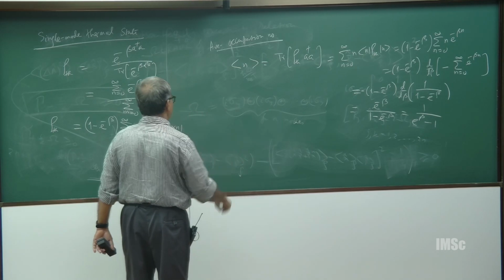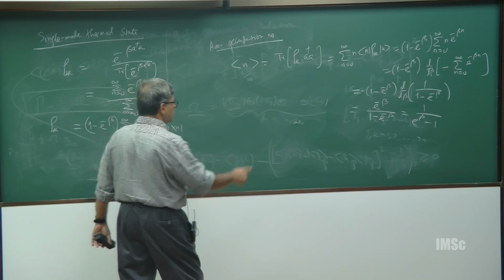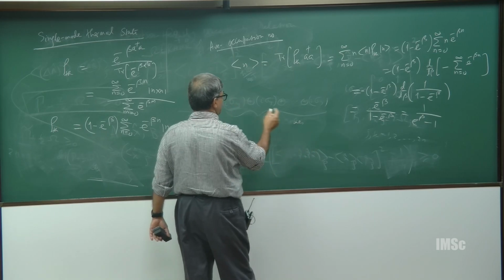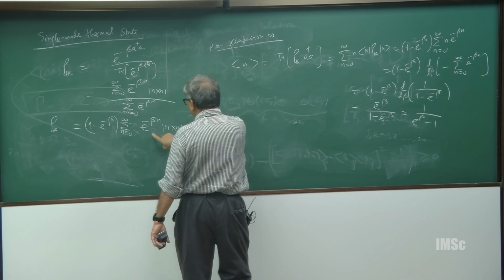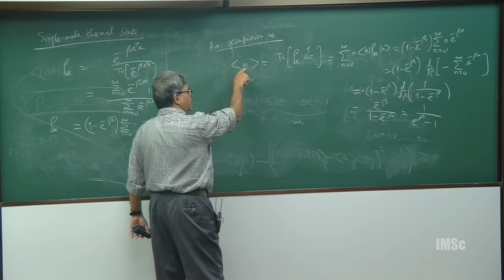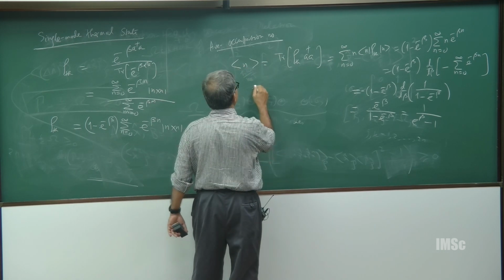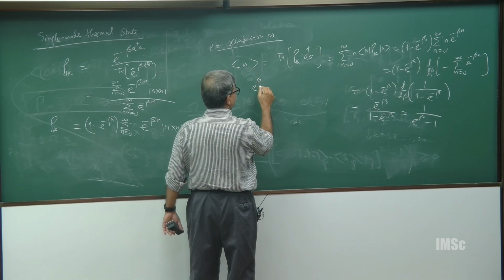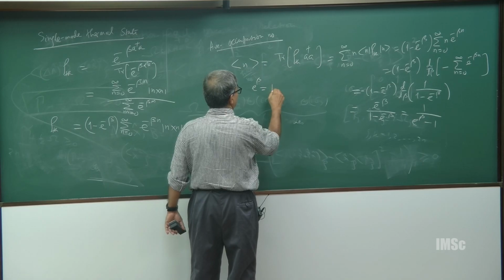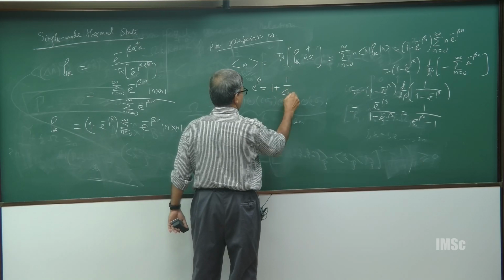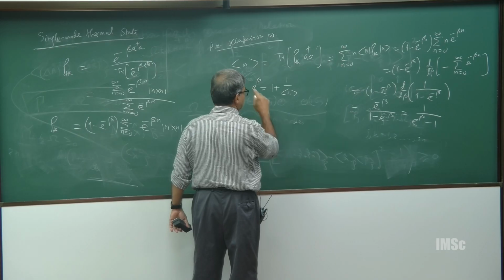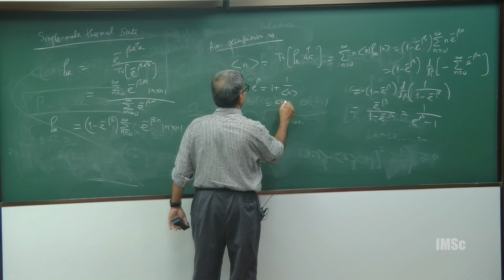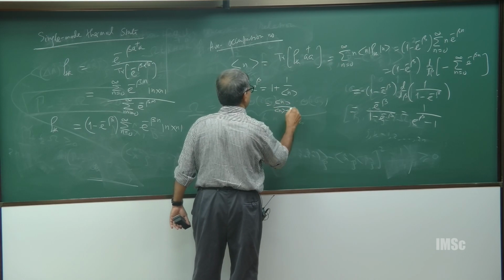Okay. So, this is n bar, n hat. So, therefore, I want to express in terms of this n average. So, basically e to the power beta should be equal to 1 plus 1 by average, right? Is that correct? Yeah. So, this is n by n plus 1.